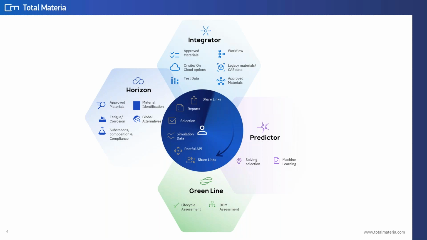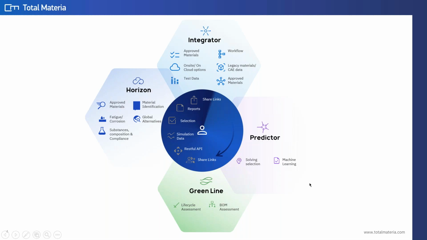And if you want to create your own internal database for testing different process materials, there is Integrator. You can use both together, and we are newly introducing a simulation part with completely new functionalities in Total Materia, called Predictor.